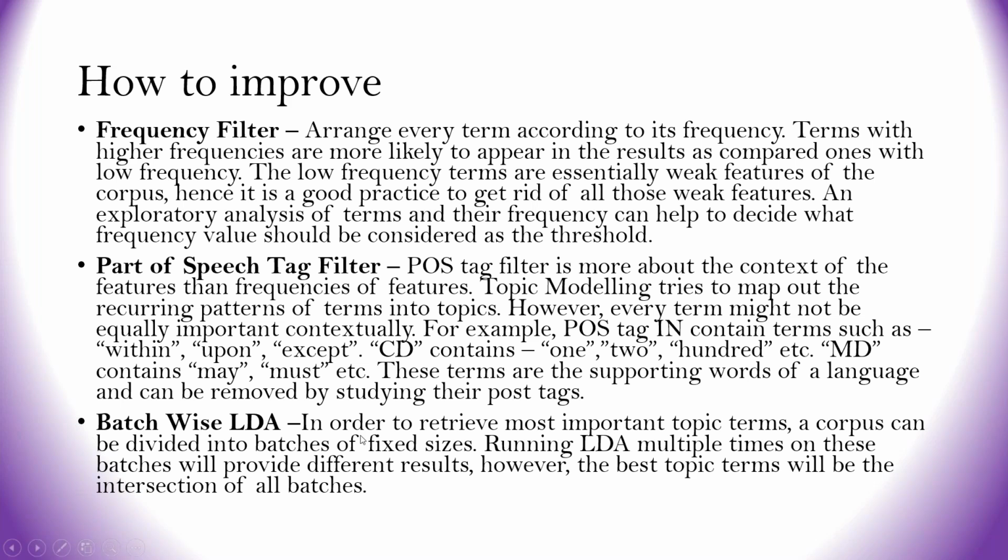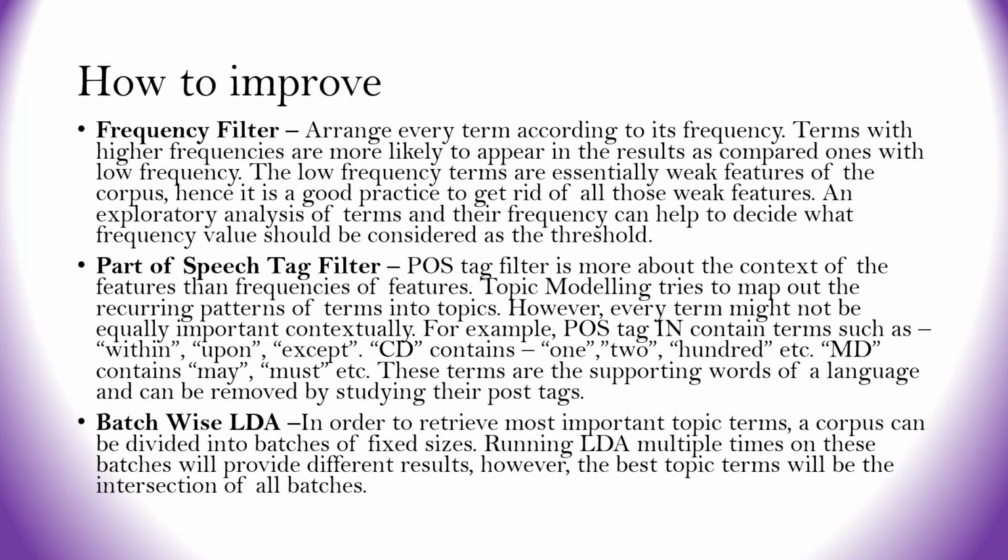The third process is batch-wise LDA. You can retrieve the most important topics and then use any of these methods. Further, if you feel your corpus is very big, obviously, like if you're handling 100 reviews at a time, it could be bigger in size, so you need to process them batch-wise with LDA.